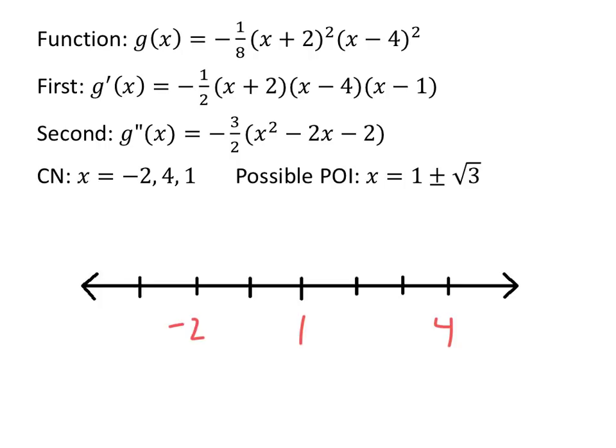Let's back that up a little bit. 1 plus the square root of 3 will be a little more than 2. A little more than 2, so maybe we'll put it right there. I know it's definitely less than 4. In fact, it's definitely less than 3. And I could put 1 minus the square root of 3 probably somewhere around here. It's a little less than 0. It's negative, definitely negative, but you know, it's got some decimals going on. Now I need to do test intervals.